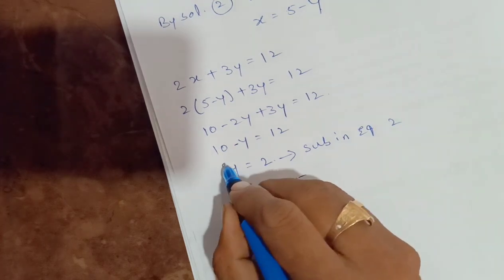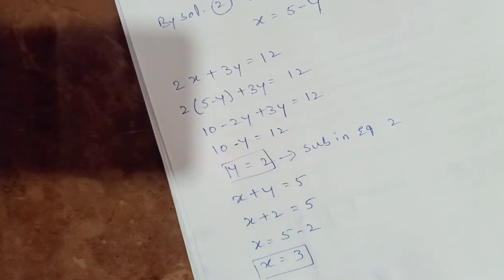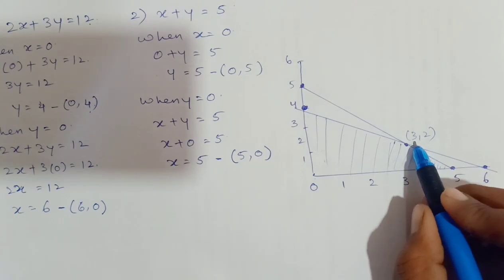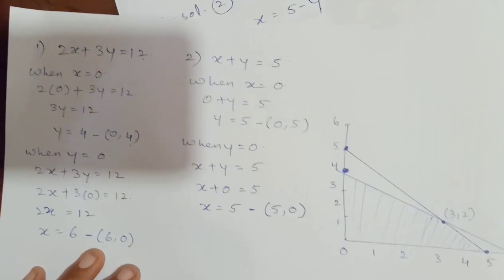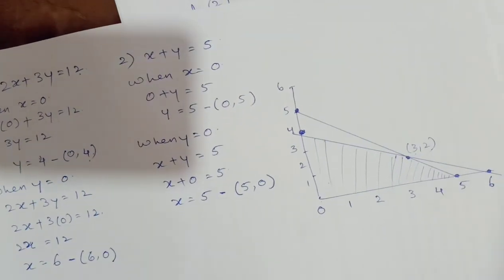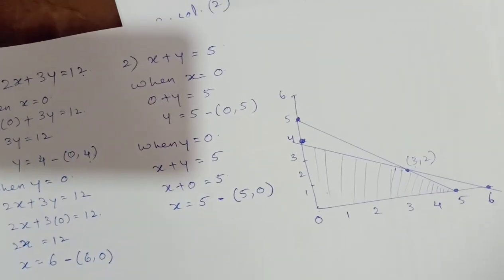So y is 2 and x is 3. Here we got the corner point 3, 2. This is how we calculate it.